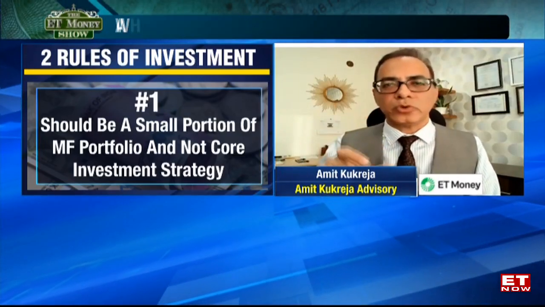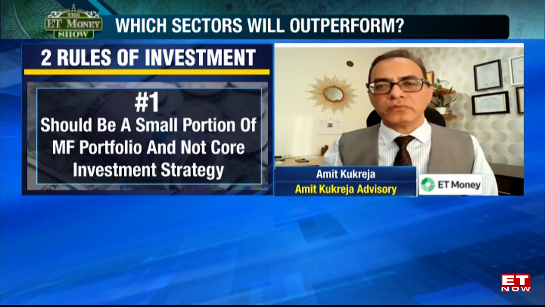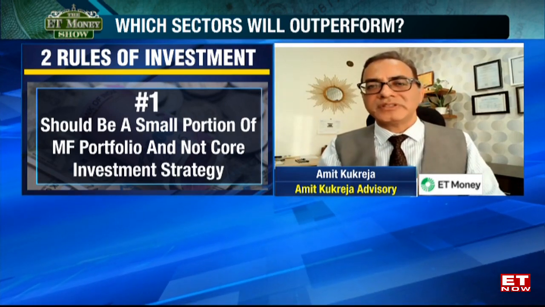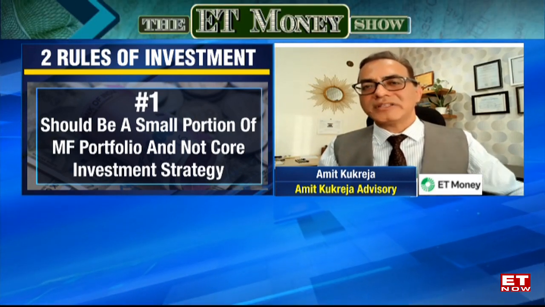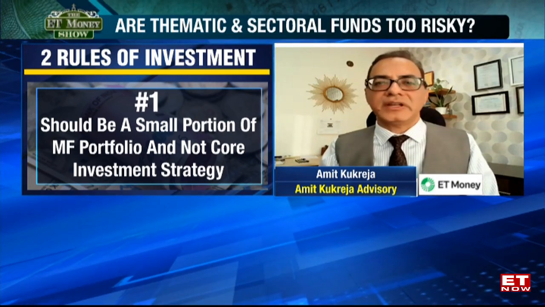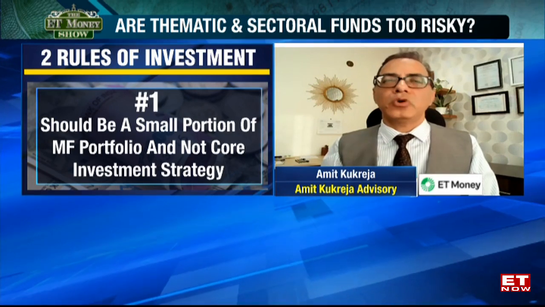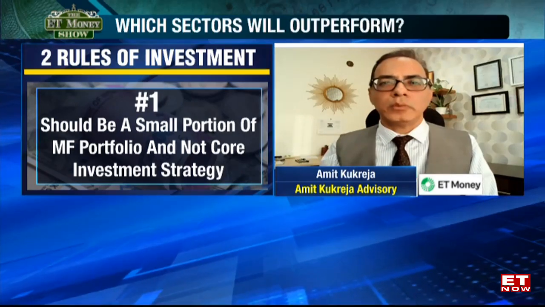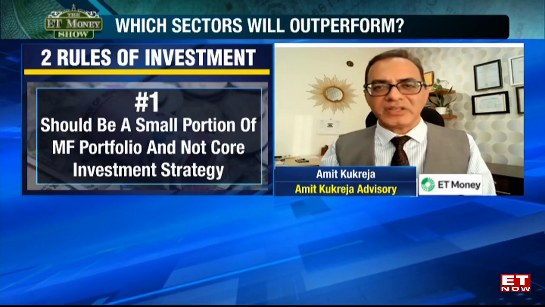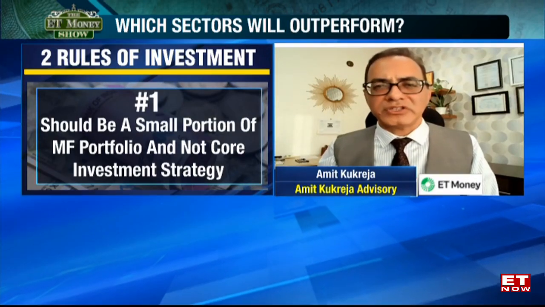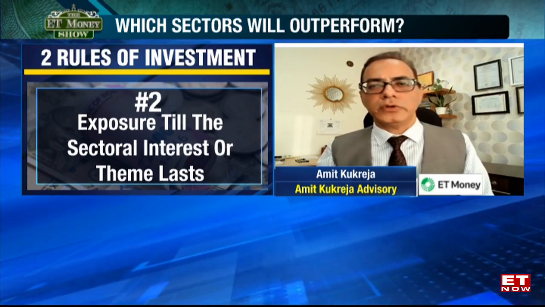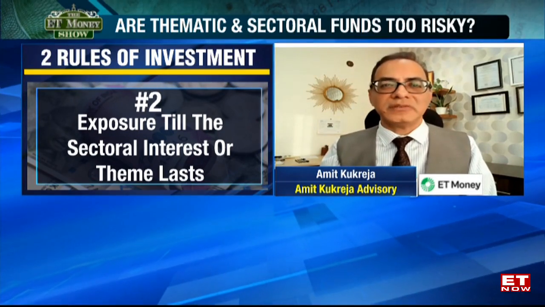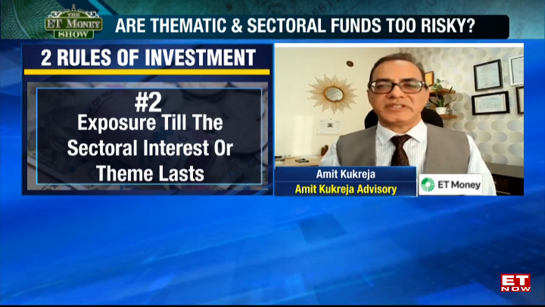You take an exposure of 5 to 10% once you have ensured the 100% of your financial goals portfolio is addressed by the core and satellite portfolio of diversified equity mutual funds. This is more for high risk takers and also for people who are more well-read and financially savvy. So 5 to 10% of allocation is good enough in any portfolio with a person who is a well-read person and wants to take a risk in these cycles of business.